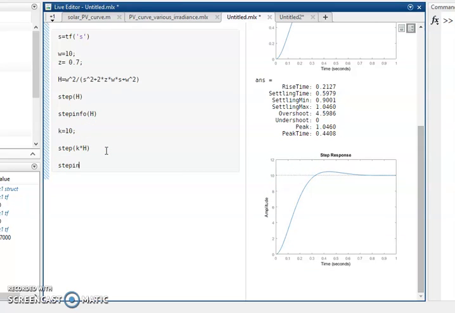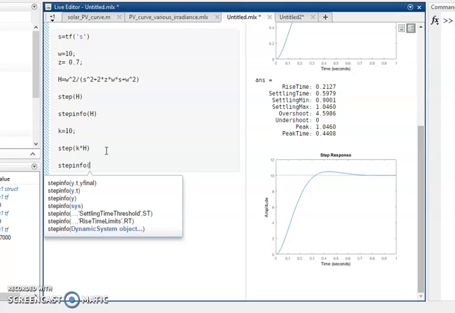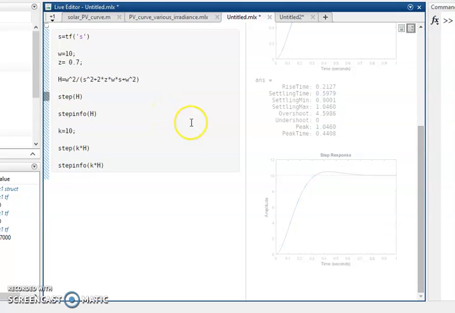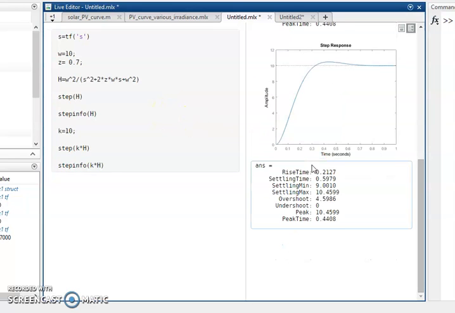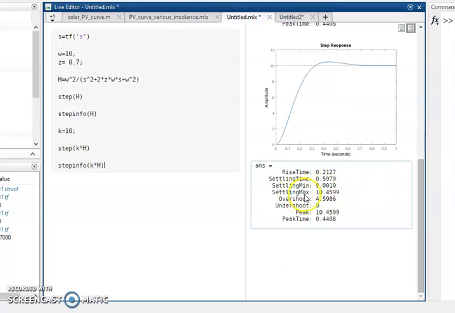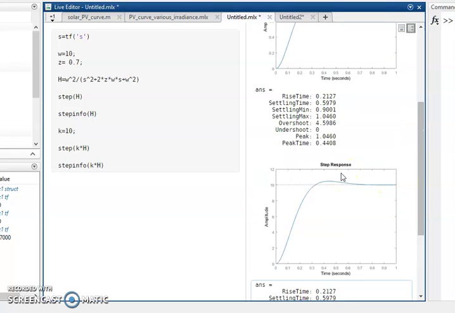Now if you check the step response of this system, when I introduce a gain you can see that there are some changes, but the changes happen only in the settling max, the settling min and the peak. Except for these three, there is no change in the system response.